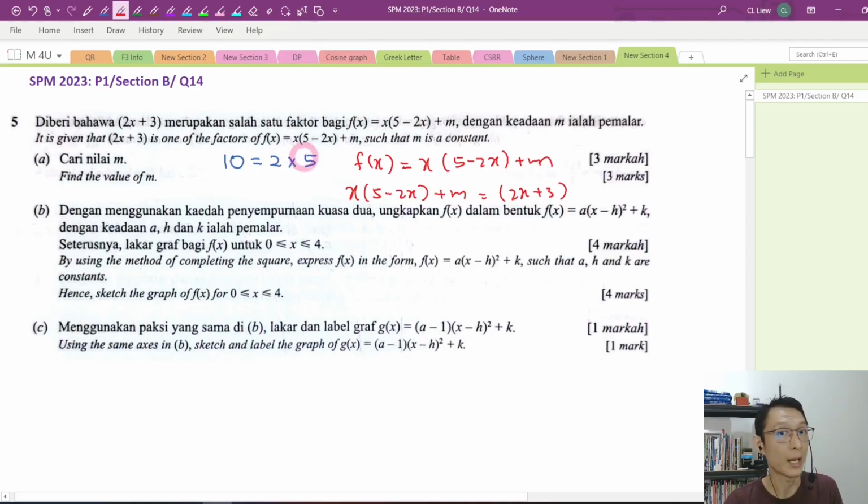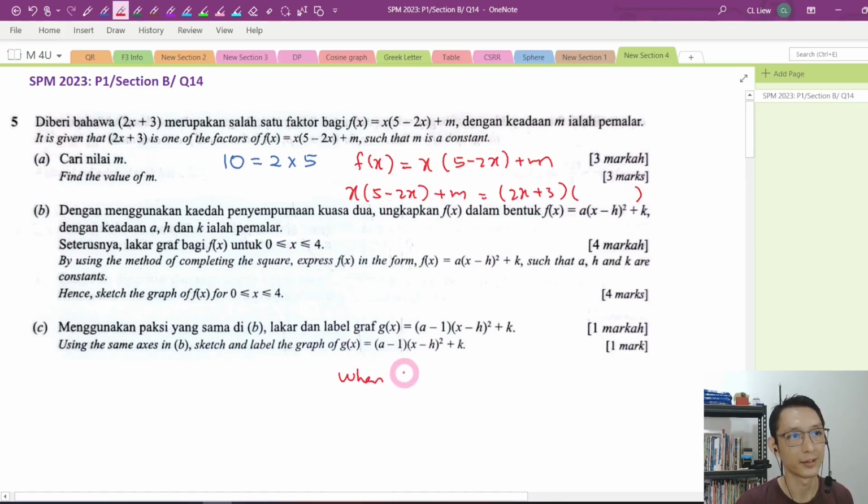So we can say 2 times something is equal to 10. So same thing here. This one times something is equal to this one, right? Okay. Now, if this is equal to 0, this means that here also equal to 0, right?